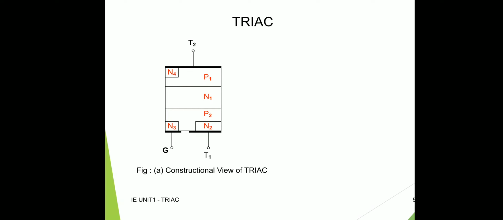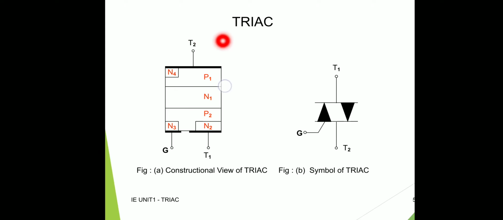Now see the construction of a TRIAC. Already I said that it has three terminals: T1, T2 and gate. If you observe the construction, T2 is at the top. T2, main terminal 2, is the terminal connected to the P1 region, and in P1 there is a diffused region of N4, an N layer indicated as N4.